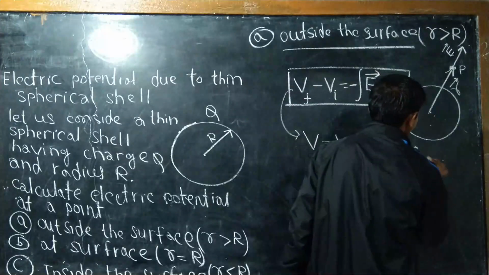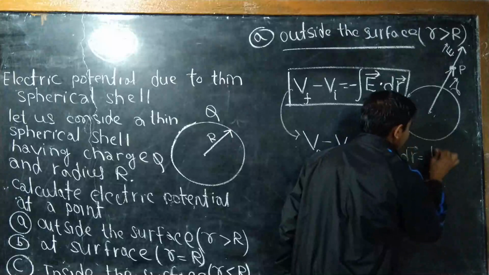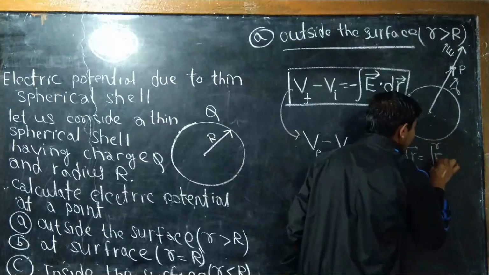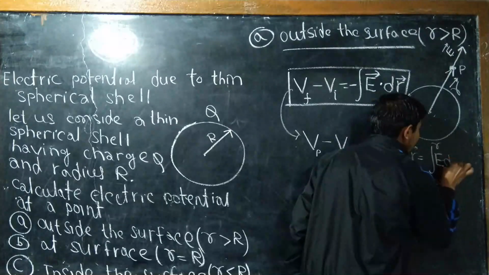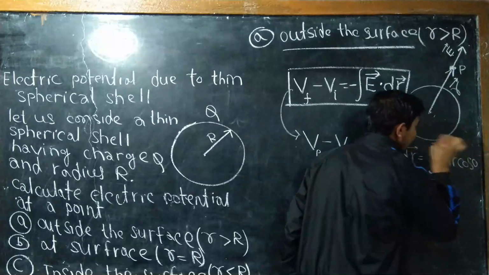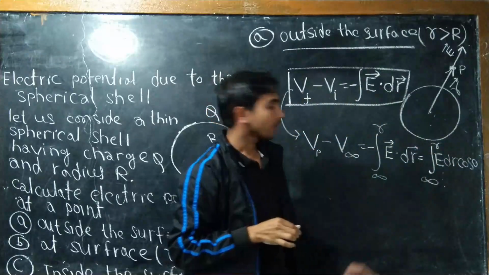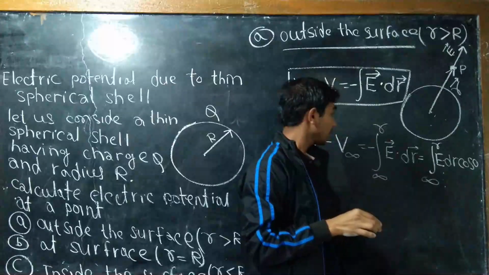So further we can write the integral from infinity to r of E dr cos 0, and cos 0 is 1.